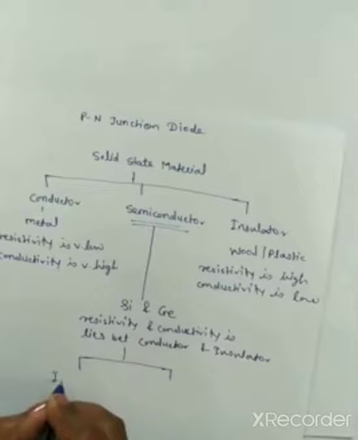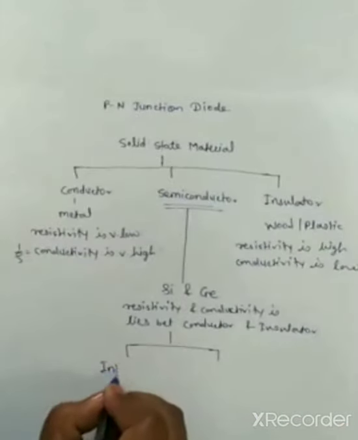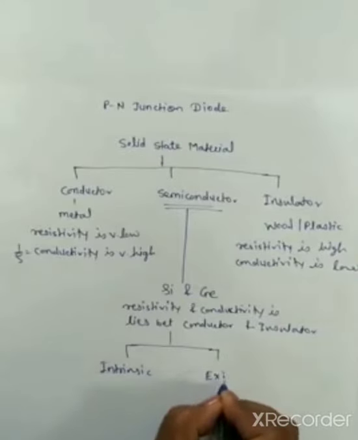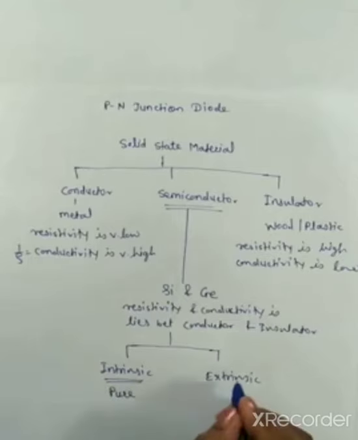One is intrinsic and another is extrinsic semiconductor. The pure form of semiconductor is called intrinsic semiconductor, in which there are fewer free electrons for conduction.